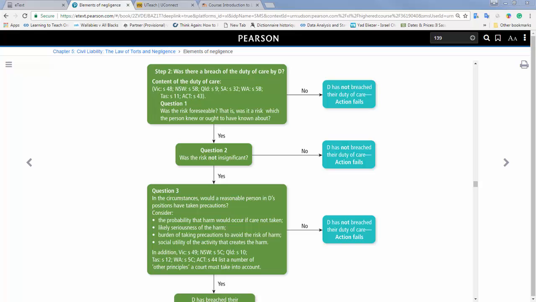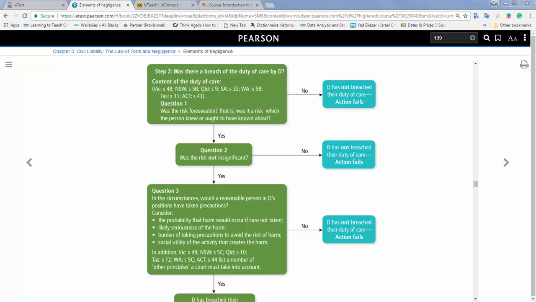And sometimes you'll have to go through the difficult categories where there is no physical injury or where you have a novel case. But whether the risk is foreseeable in this analysis under the breach element is less abstract. It's more about the actual facts in the case. So again, was it a risk which the person knew or ought to have known about?